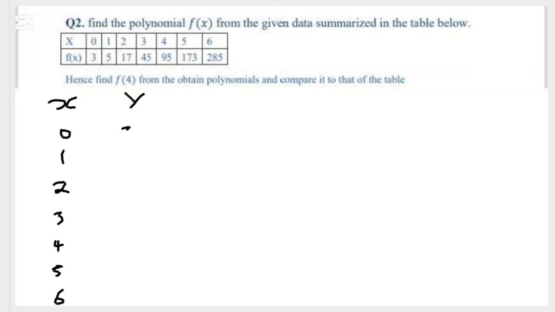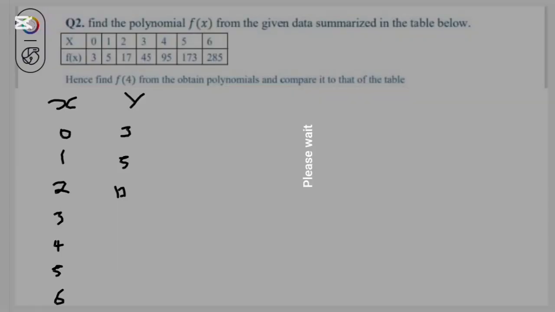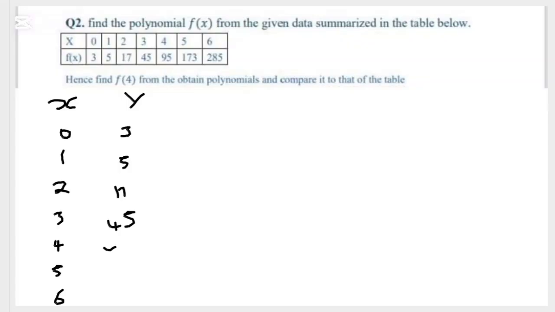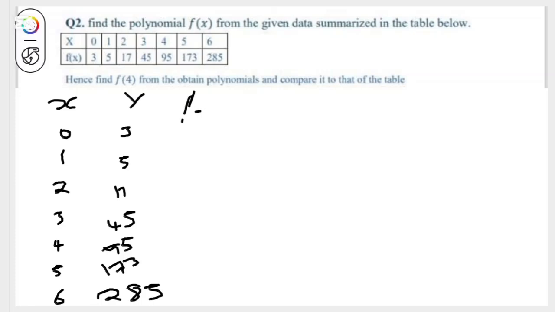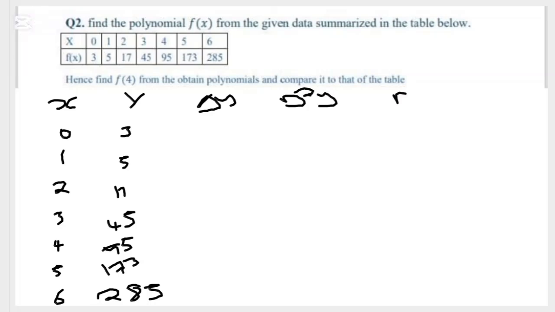I have y as 3, 5, 17, and then 45, then 95, 173, and then the last but not the least, which is 285. Then I have the difference of y, the difference square y, and the difference cube of y.